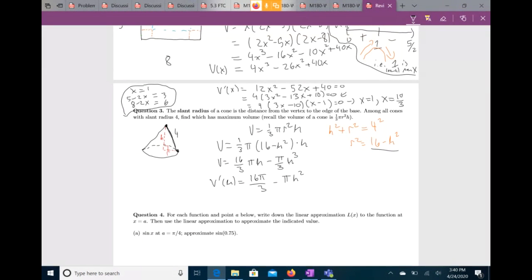All right. So this is just a polynomial in H. So you just take the derivative using the power rule and set it equal to 0. And you get pi H squared equals 16 pi over 3. So H squared equals 16 over 3, or H equals 4 over root 3.